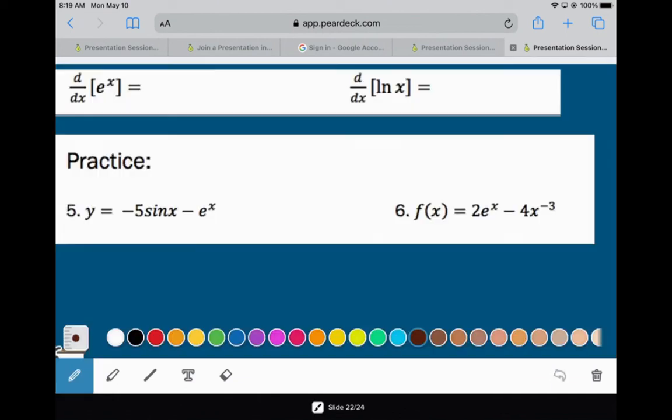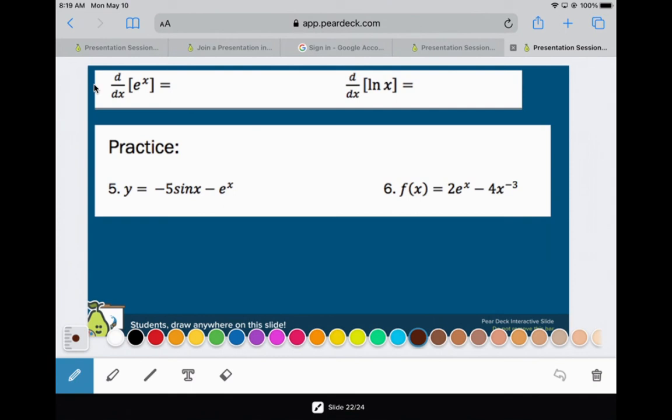Okay, all right, let's put everything together. Let's review a little bit. The derivative of e to the x is just e to the x. The derivative of natural log is 1 over x.